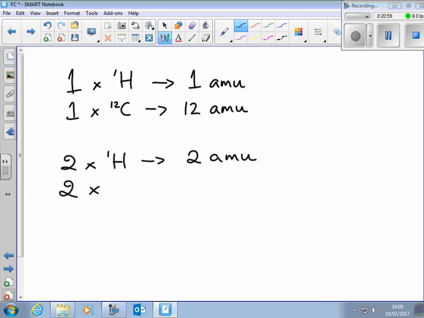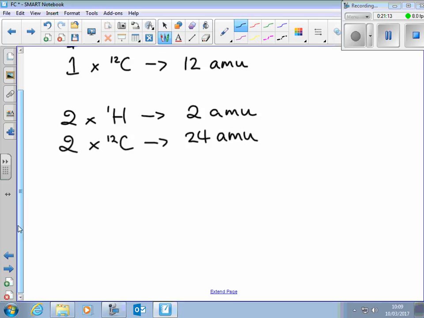So 2 atoms of carbon-12 will have a mass of 24. The ratio is 1 to 12, 2 to 24, down to the smallest, 1 to 12. It's got to be exactly the same. A carbon atom is 12 times bigger than a hydrogen atom.